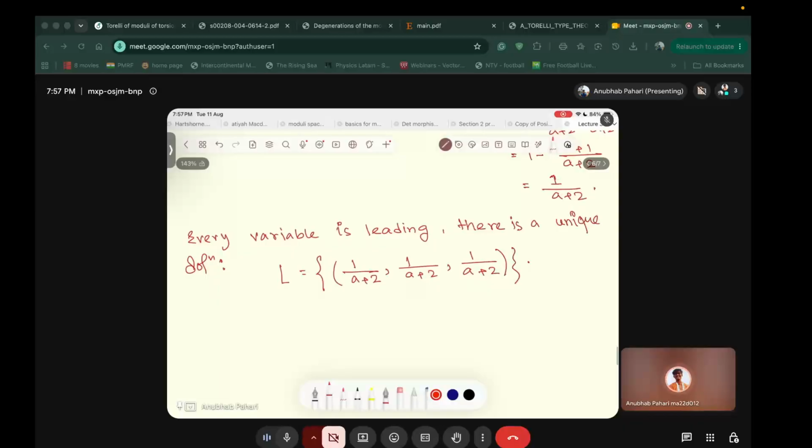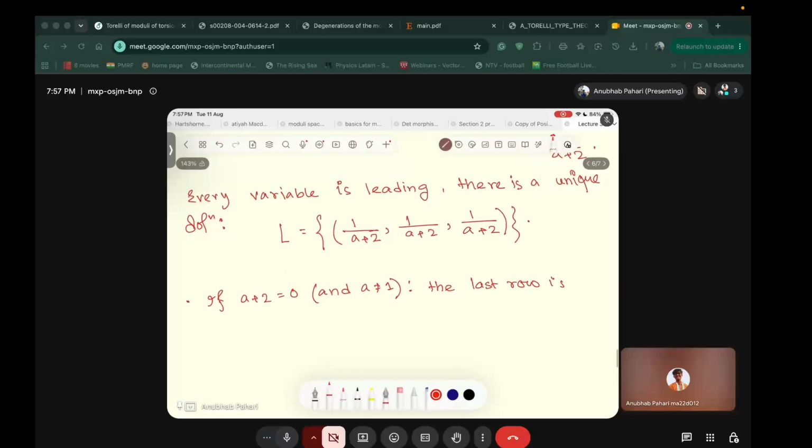And there is another subcase. If a plus 2 equals 0, and what we assumed a not equal to 1, then the last row is 0 0 0 1.